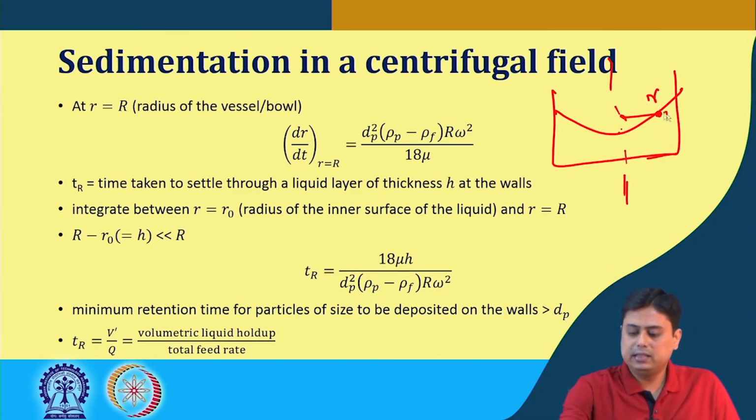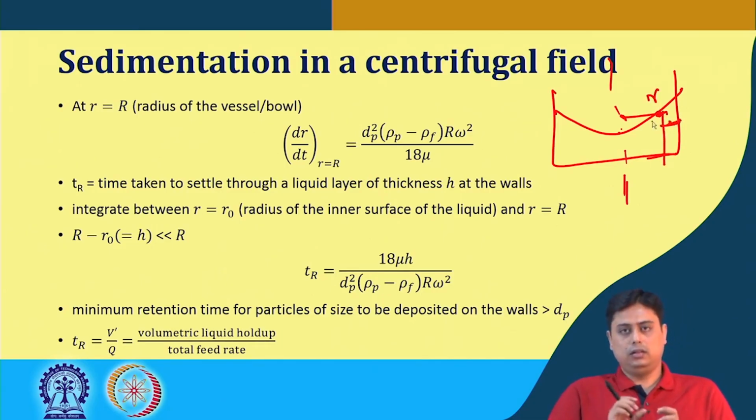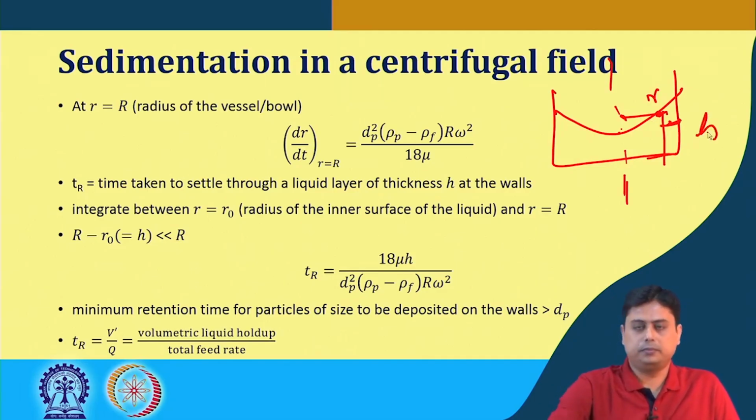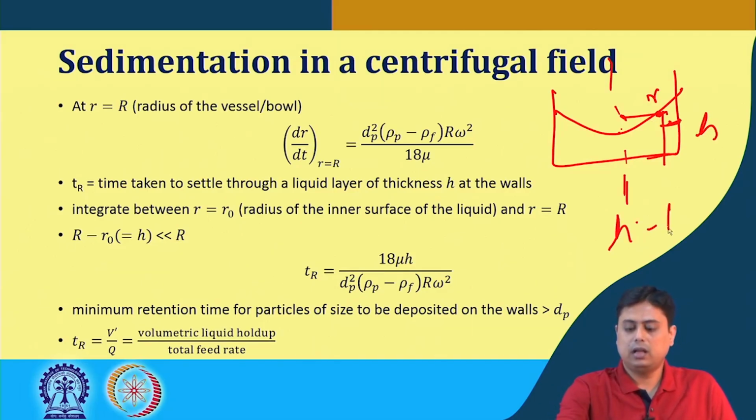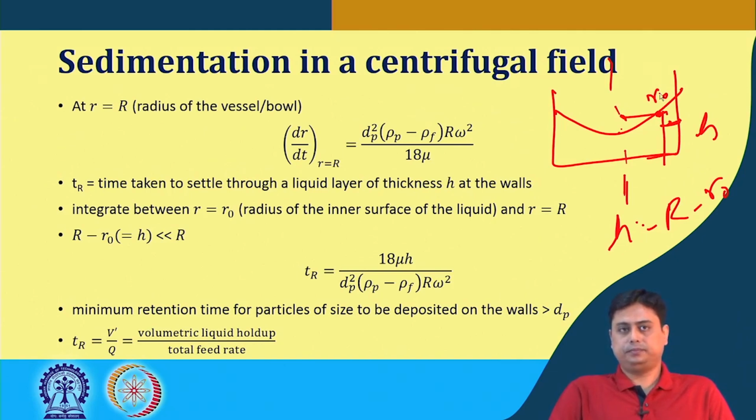So, basically this distance is the liquid thickness that it has to travel to reach the wall. Say this distance is small h, that means R minus r0, the radius of inner surface of the liquid.